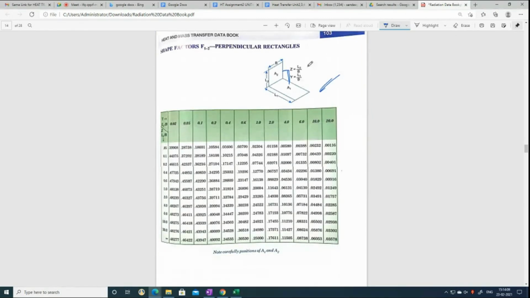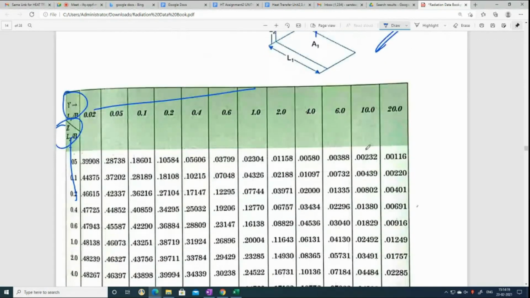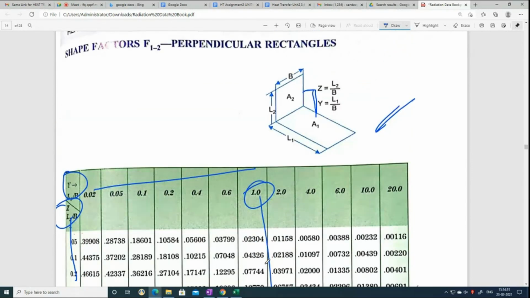So it's again same. మీరు ఏం చేయాలంటే ఇటు y తీసుకోవాలా, ఇటు z తీసుకోవాలా. డైమెన్షన్స్ ఇస్తారు క్వశ్చన్ లో, ఆ డైమెన్షన్ ని బట్టి you will have to choose what is your y. Y can be 1 or this can be 2 and this will be your shape factor. So that's how we will do అనమాట. షేప్ ఫ్యాక్టర్ అనేది ఫైండ్ చేయడానికి ఇదొక విధానం.